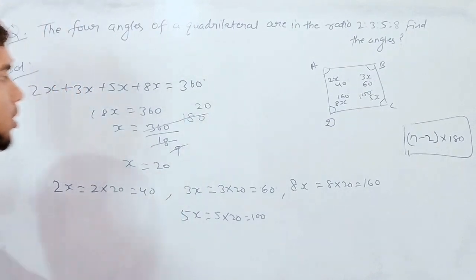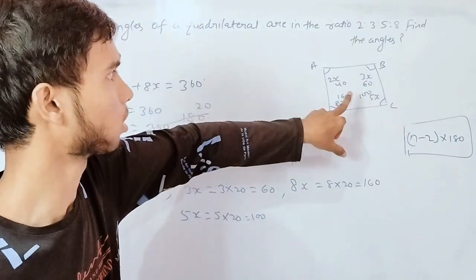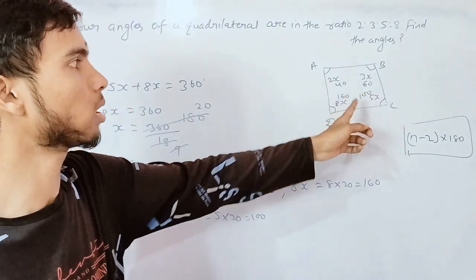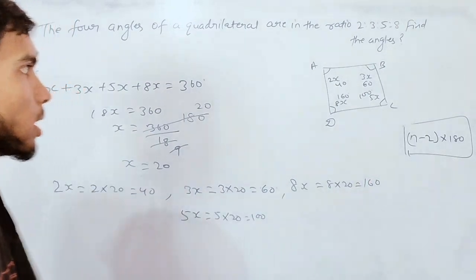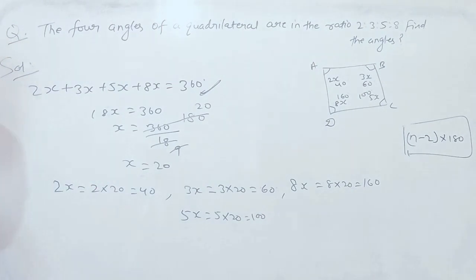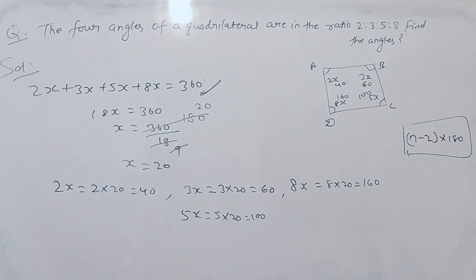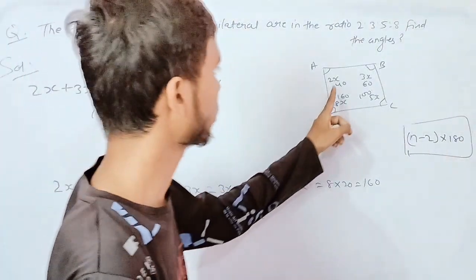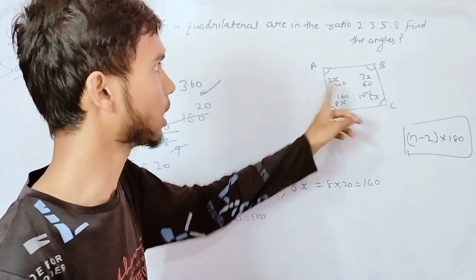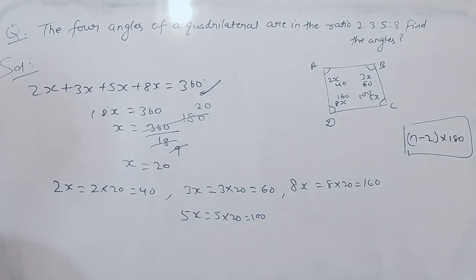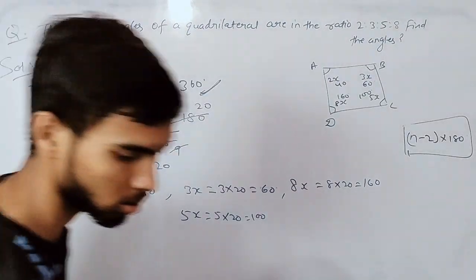Now you can check whether all these are correct or not. 60, 40, 100, 200, 300, and 60 more, 360. Yes, this is correct. Clear? So we have found each interior angle of a quadrilateral which were given in a ratio. Now next question.